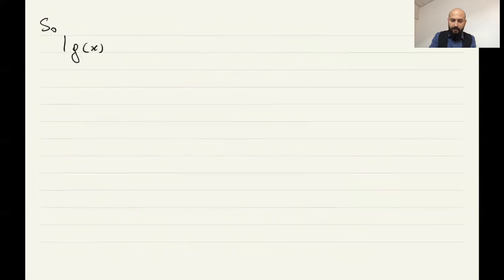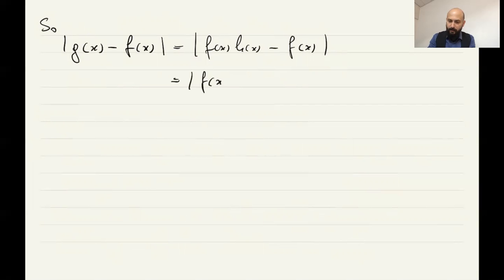So g(x) minus f(x). By definition, we said that g was f times h. So this is the norm of f(x) times h(x) minus 1.